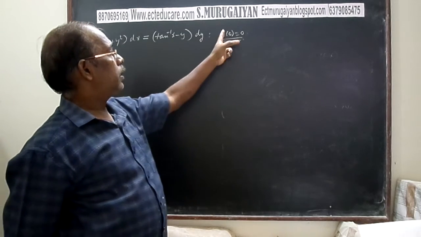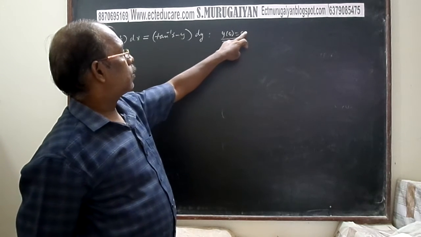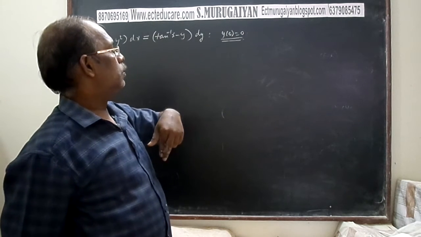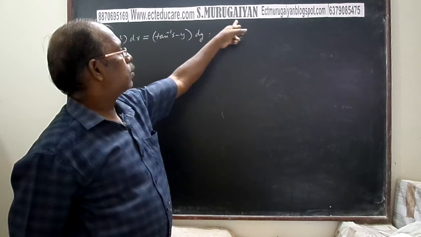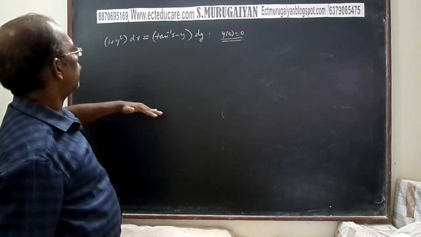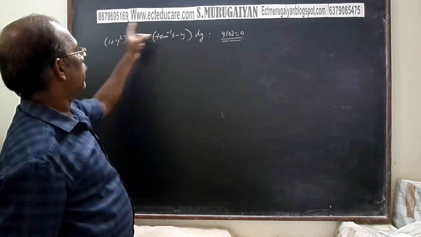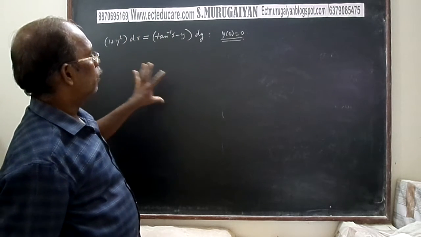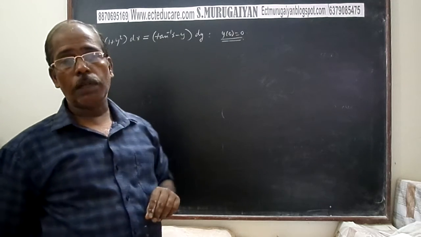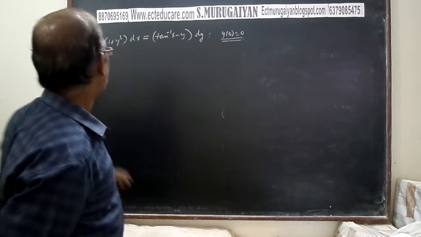What is the meaning of the condition? y of 0 equal to 0 means when x equals 0, y takes the value 0. It should be applied at the end of the solution of the differential equation, only on the general solution, to get the value of the arbitrary constant c.